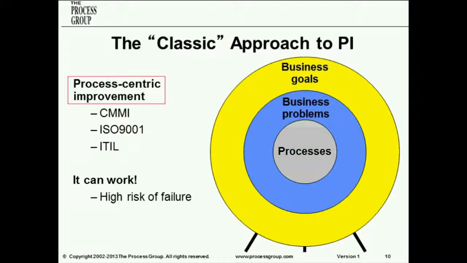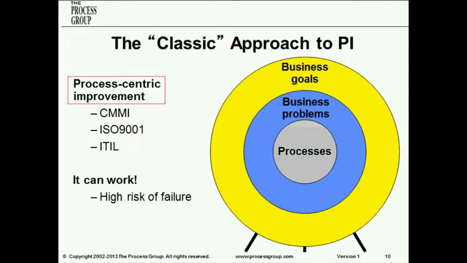Typically a company or an individual would pick up a framework like CMMI or ISO 9001 or ITIL, and after having read that, they may conclude that there are 5 sections to ITIL or 7 process areas to CMMI, and they then create 5 teams for ITIL or 7 teams for CMMI. Each of the teams is then charged with writing a document or a process, and we declare things are complete when the document is complete.